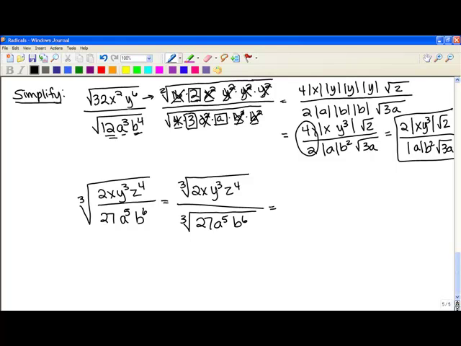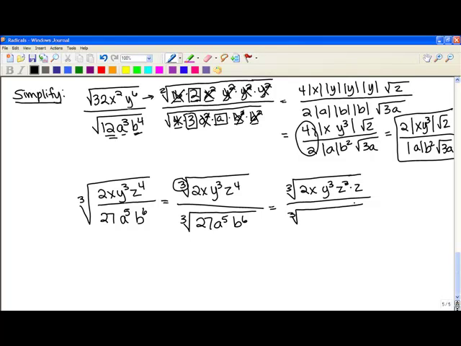Alright, now I'm going to break these variables down with powers of 3. So we have the cube root of 2x y cubed. Now the z to the 4th can be written as z cubed times z.